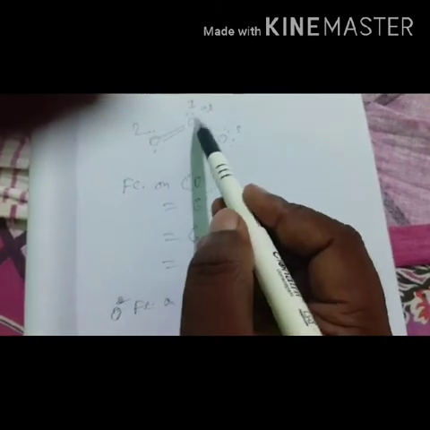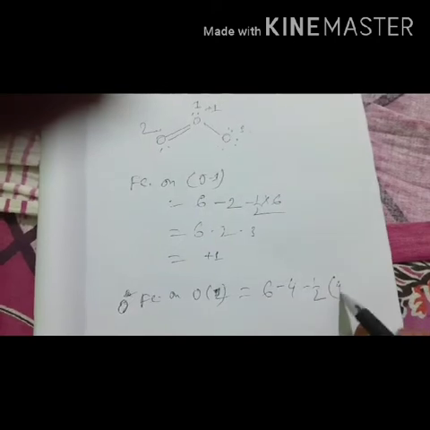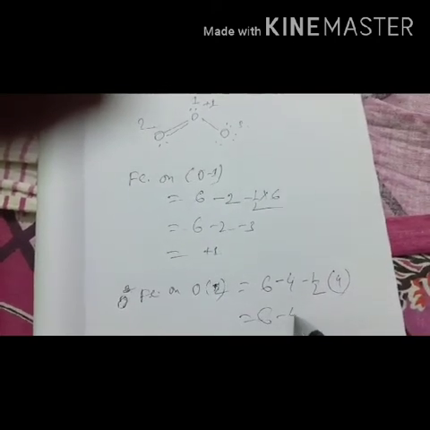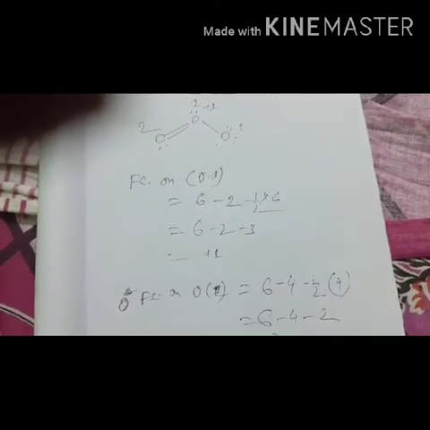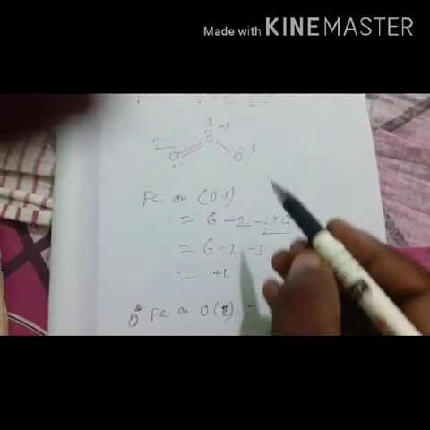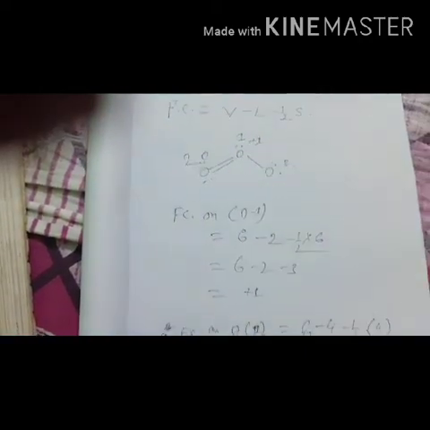This oxygen shares a double bond, so 4 electrons. So 6 minus 4 minus 2, and the overall charge is 0. It owns zero charge.